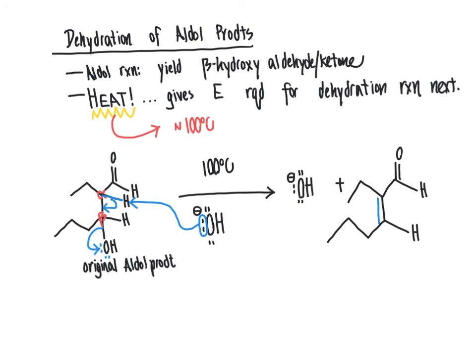So we have, as a result of this, to recap, when we heat this up, that's going to provide the energy for overcoming the activation energy, allowing the base to grab that proton from the alpha position of the acid. The electrons from breaking that bond are going to come down to make a carbon-carbon double bond as the oxygen leaving group pops off there to give us, ultimately, a carbon-carbon double bond.